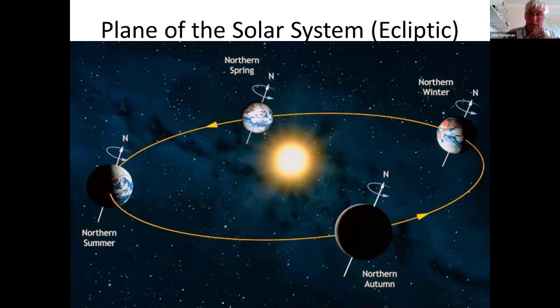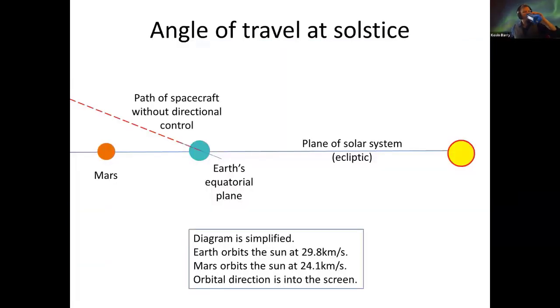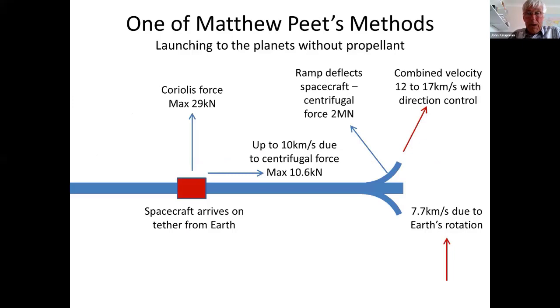And so if we're not careful, and obviously we will be careful, a spacecraft just launched would go towards Mars, but it would miss it by a substantial amount. So there are certain windows where we can launch it easily, but if we have control over the direction of travel, then we have many more opportunities for launching.